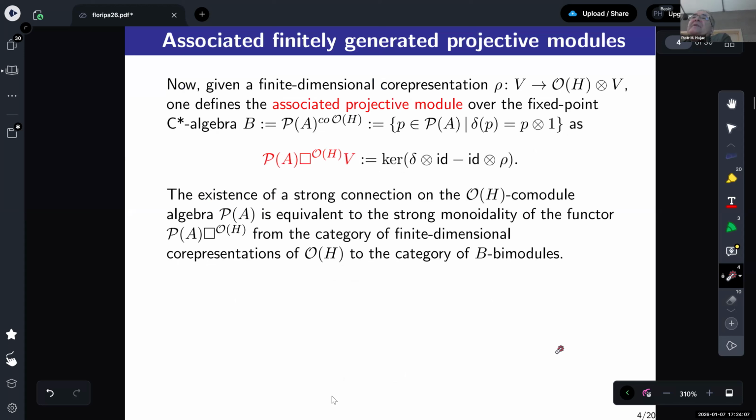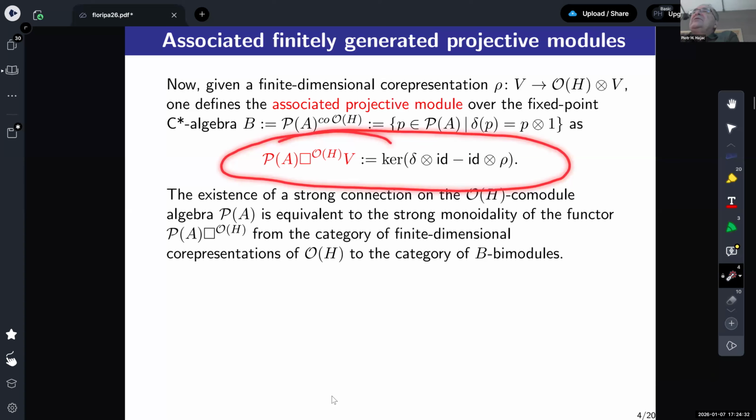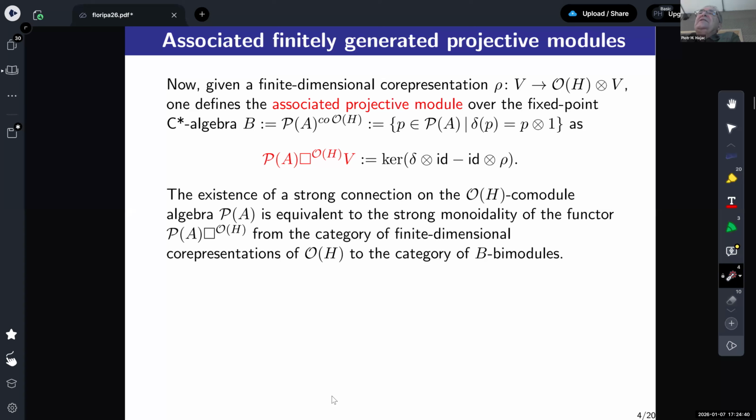Okay. And now, much as in the classical topology, given a finite dimensional corepresentation of my Hopf algebra, and here I'm taking a left one, one defines the associated projective module of a fixed point C*-algebra in the following way. This is given by the cotensor product, okay? And cotensor product is by definition the difference kernel. So basically, these are the elements in the tensor product P ⊗ V such that the right coaction on the left leg agrees with the left coaction on the right leg.